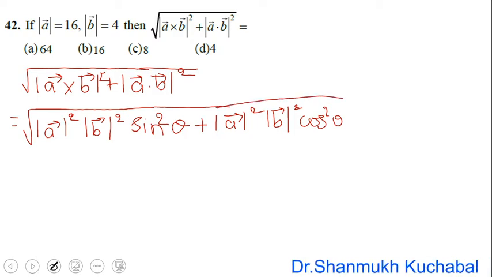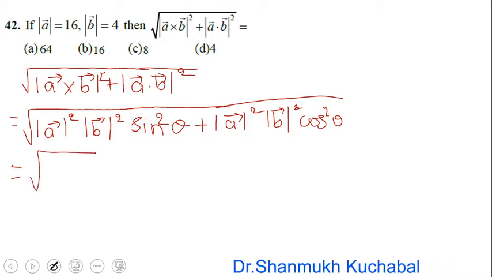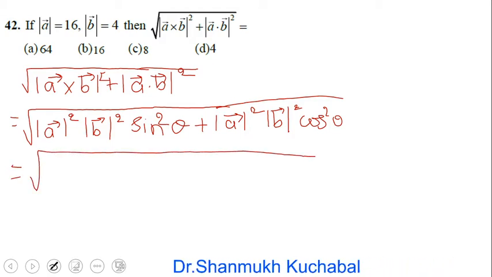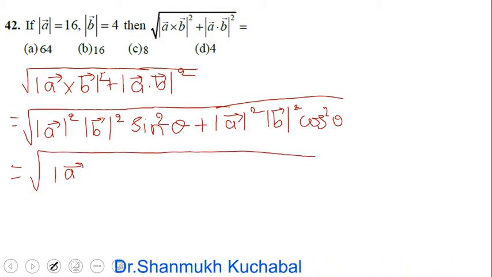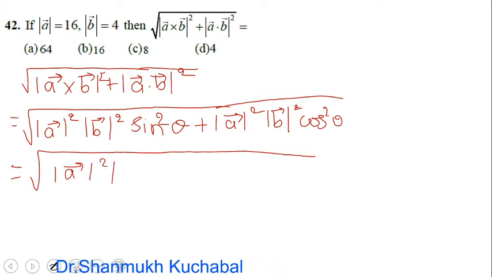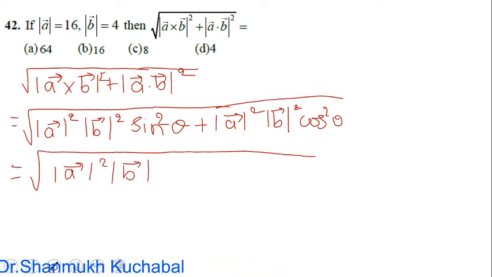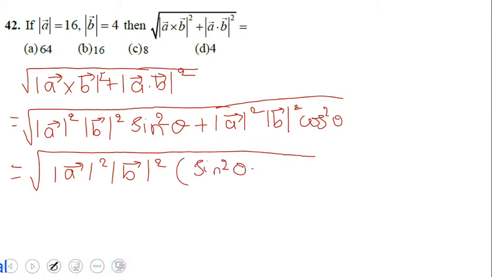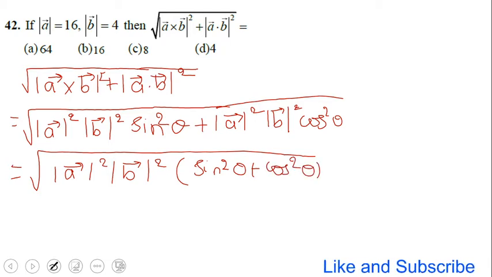We take common under the square root the magnitude of vector A square, magnitude of vector B square. We are left with sine square theta plus cos square theta. We know sine square theta plus cos square theta is 1.